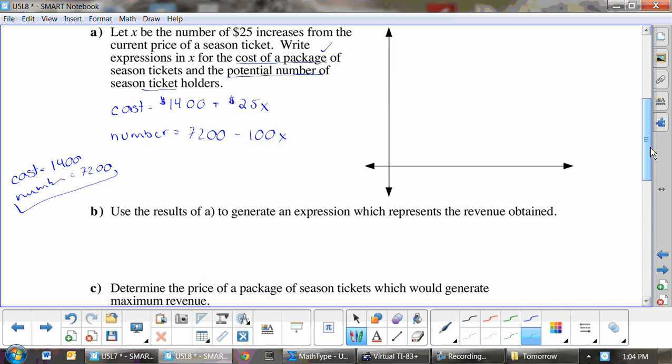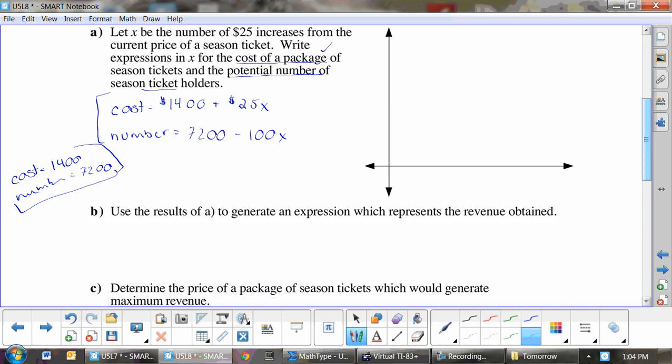Even before we look at this, if we're just looking at last year, we sold 7,200 tickets, and each package of tickets cost $1,400. How much money did we make? You just multiply them, right? The cost times how many you sold.